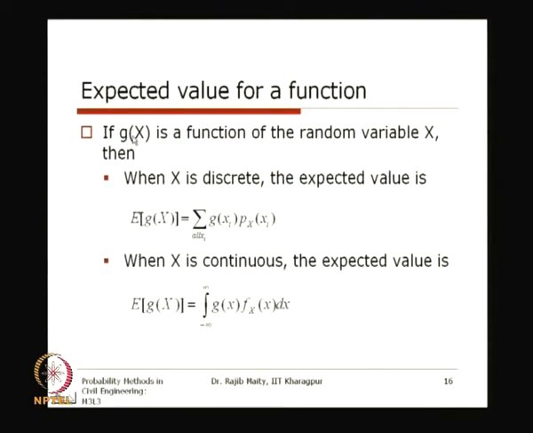So here g(x) is a function of the random variable x. When x is discrete, we use the summation, multiplying g(x) by the individual probability masses, and when x is continuous, we take the integration of g(x) f_X(x) dx. So we get the expected value of the function g(X) of the random variable.